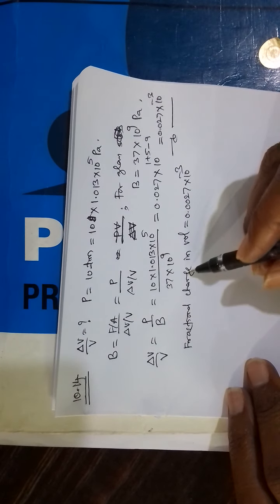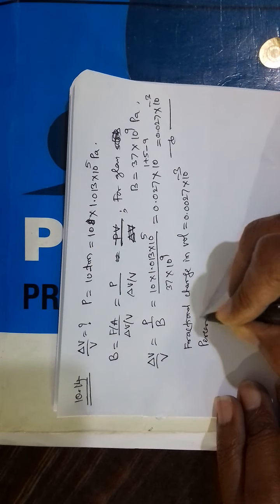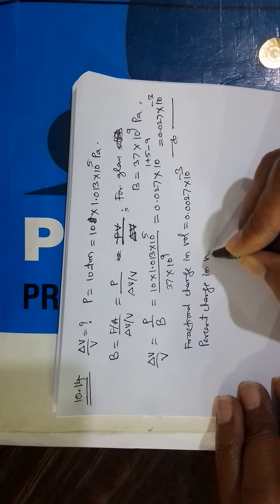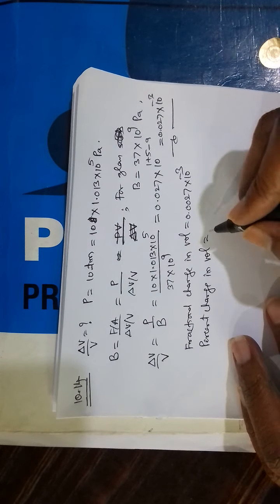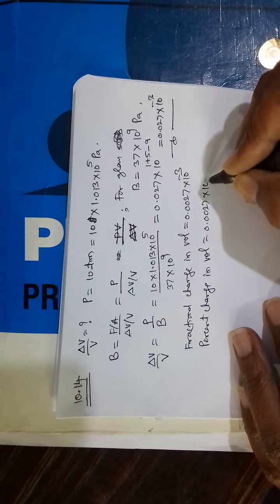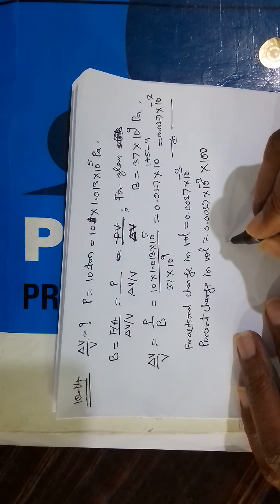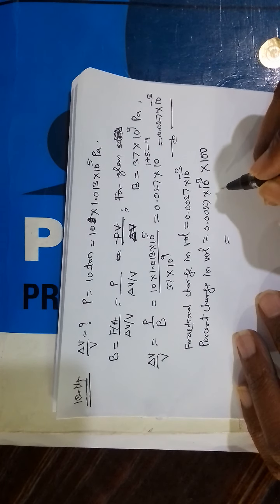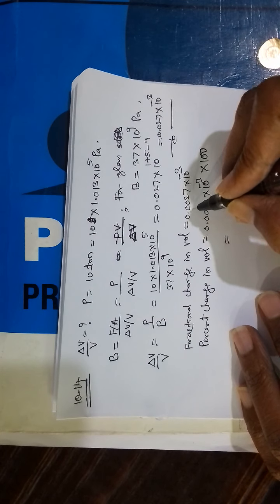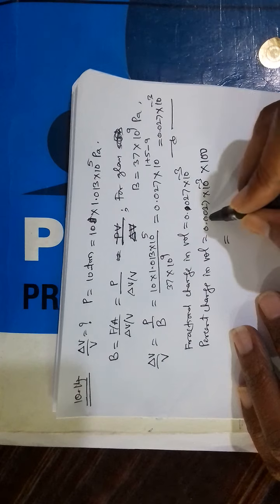So this is the fractional change in volume. If we want percent change in volume, multiply by 100. So we get 0.27, sorry, this is 0.027.